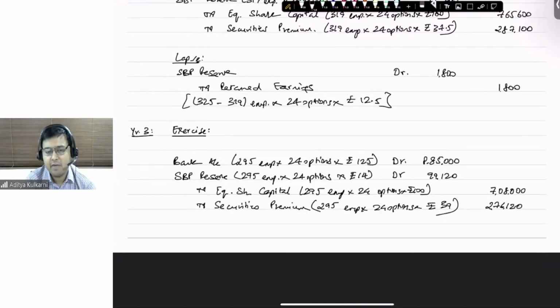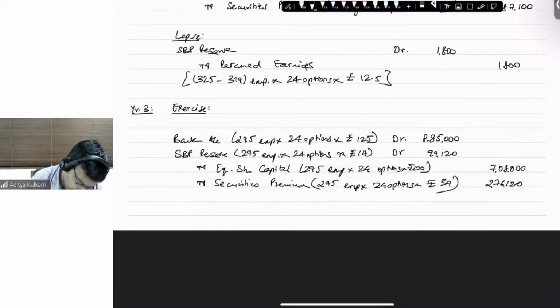And then finally we are having the lapse of 2 employees. 297 were there, 295 only exercised. So the lapse is going to be for 2 employees. I'm just fitting it in here. SBP reserve debit to retained earnings.